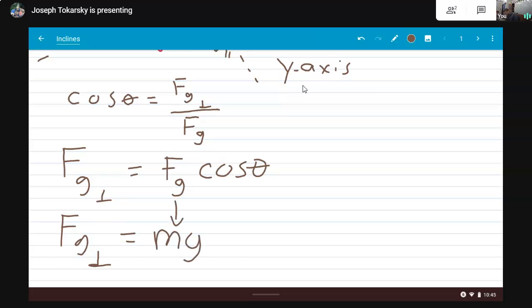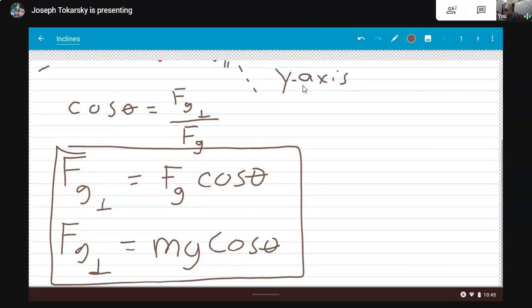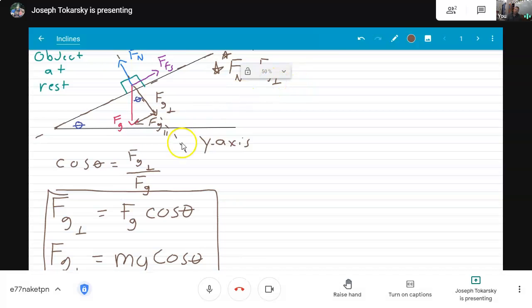I could sub that in. You should remember why, because FG equals mg from a long time ago. So both of these formulas are the same, just one of them has mg substituted in for weight. Either could help us find the perpendicular component of the overall weight. And so when we do find this, and we'll do an actual example here in a second, that finds out how hard our weight is pushing into the incline.